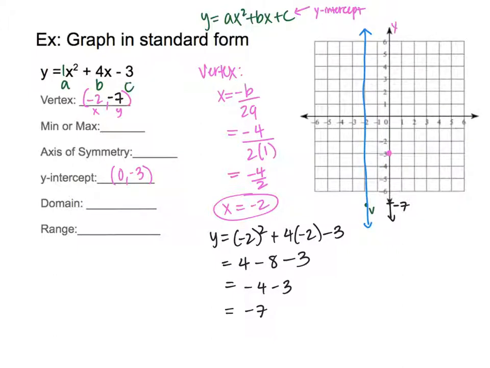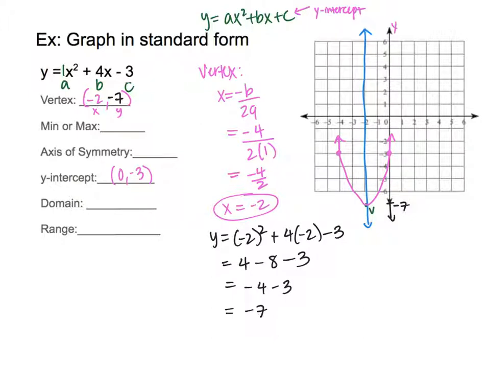So when I cut this parabola in half, notice how the y-intercept is about 2 units away from the axis of symmetry. So instead of going 2 units to the right, I'm going to go 2 units to the left, plot my point, and then graph my curve.